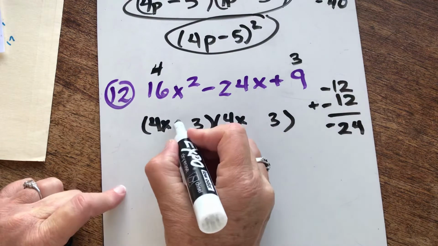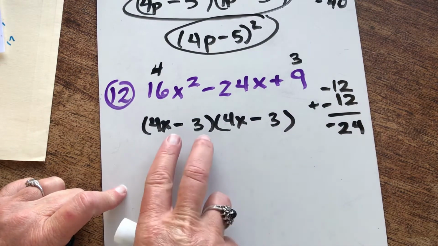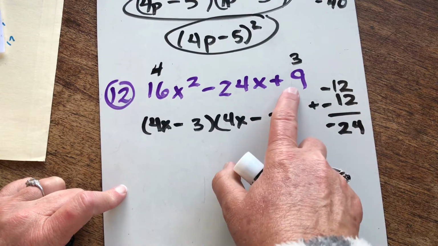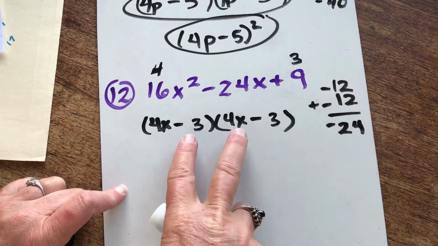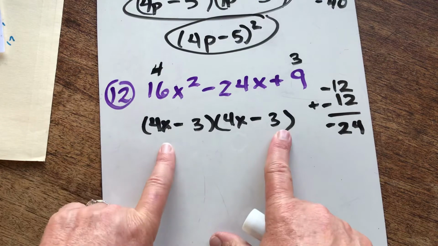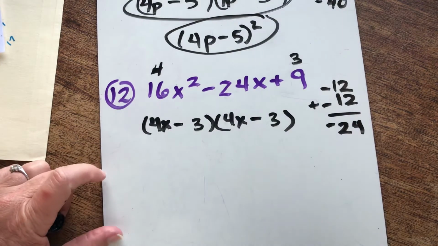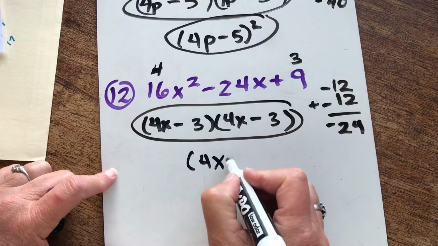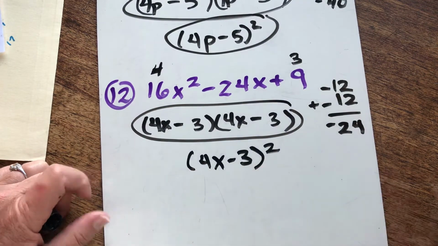And in this case, it's negative times a negative, and we can do a quick check. Negative 3 times another negative 3 is positive 9. Check. Negative 12 in the middle, another negative 12 here to give us negative 24. And that's your answer. You could also write your answer this way if you wanted to.